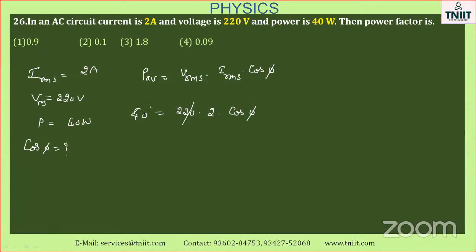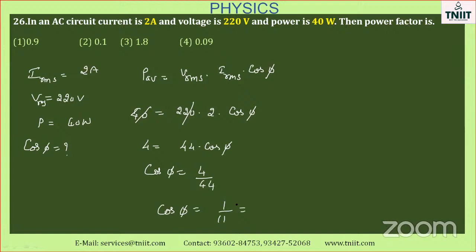So the 10s will get cancelled. 22 into 2 is 44 cos phi. So cos phi value is 4 by 44, that is 1 divided by 11. What is 1 divided by 11?